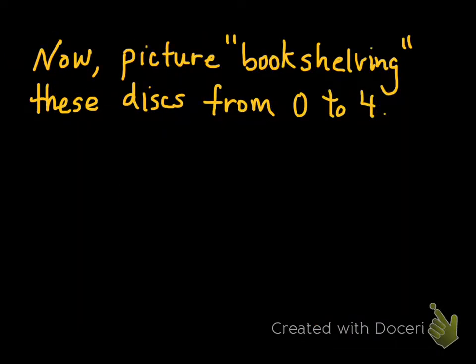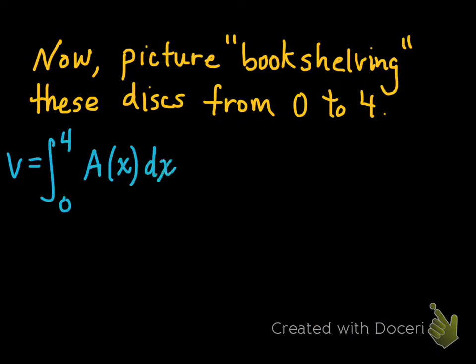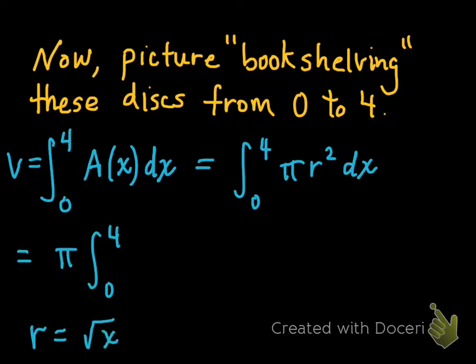Back to our scenario here. We have a volume then. We are summing up all the circles from 0 to 4. We know we're utilizing the area formula within the integrand, pi r squared, for each circle. And we factor out the pi because it is a constant.